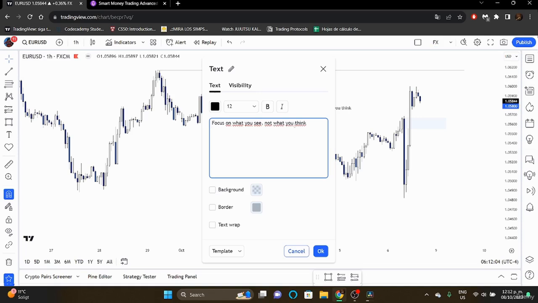Don't have something very biased that will not let you see what the market is screaming. Let the market tell you what it wants to do and react to it, okay?